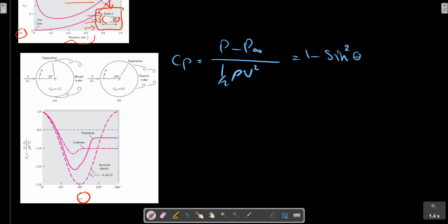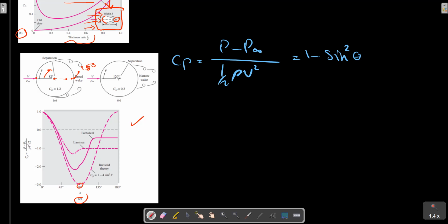We have the Cp in values of theta. For example, we can calculate the values of Cp from 0 to 180 degrees from this diagram. This diagram shows the minimum pressure coefficient at 90 degrees.